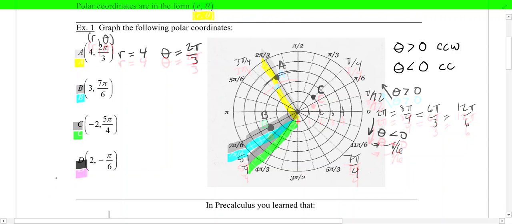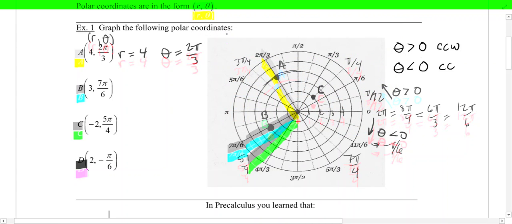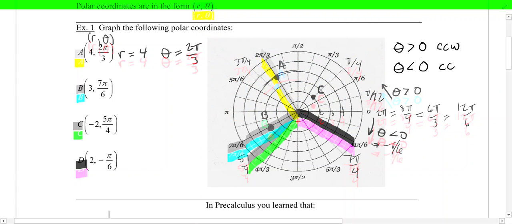And then we have a positive radius, so we'll come out here. This is for D, and it's a positive 2, so we just do a positive 2, 1, 2. So here, that's D. I'm going to actually put this in black because you can't see it.